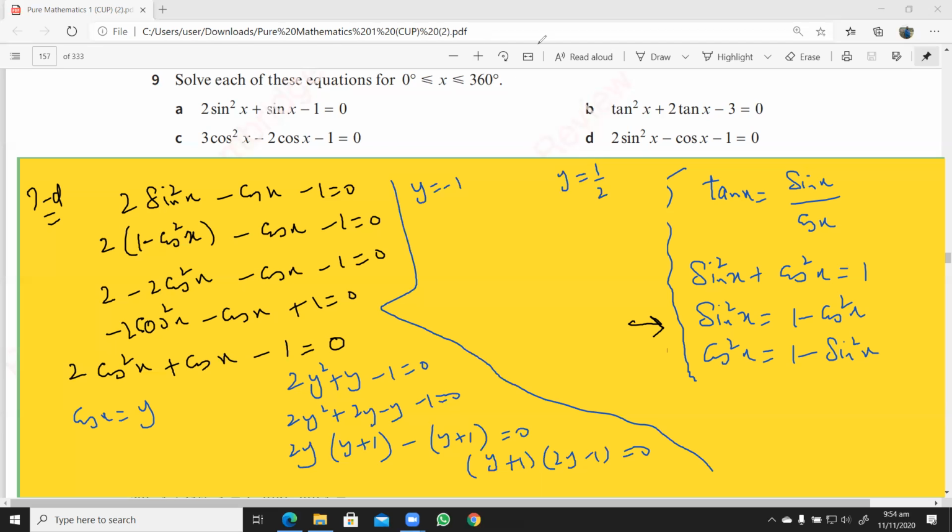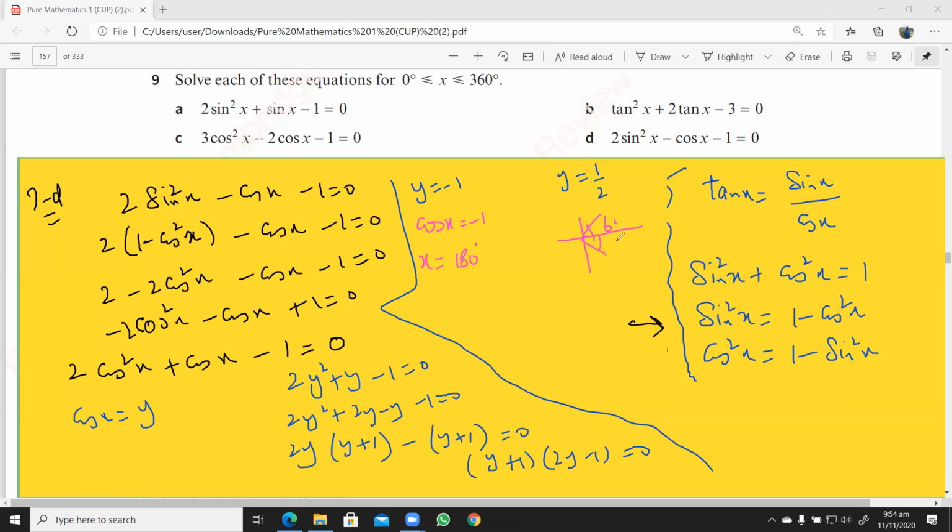Okay, and then we can say this y is basically cos x. So this cos x is minus 1. Where is cos equal to minus 1? At 180 degrees. So this is going to be 180 degrees, and again those typical values are repeating again and again.